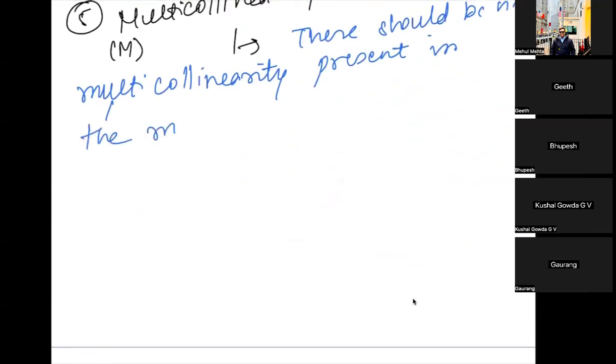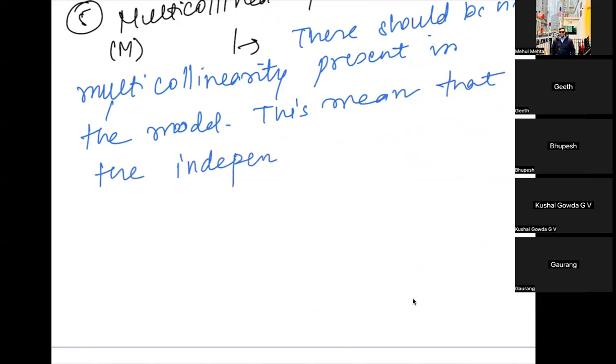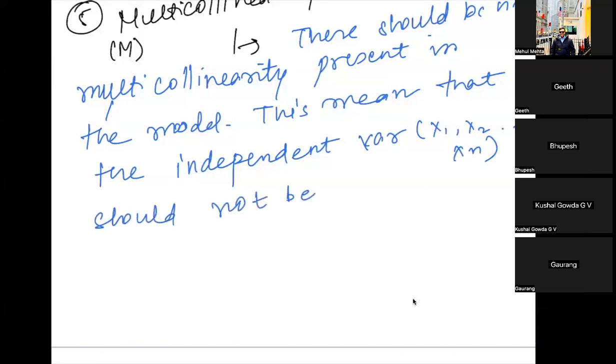This means that the independent variables, which in our case are X1, X2, up to Xn, should not be highly correlated with each other.